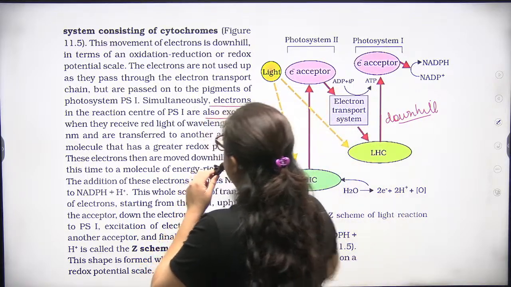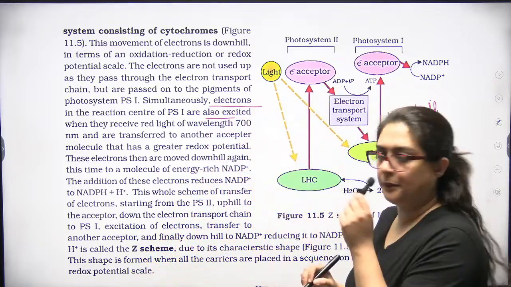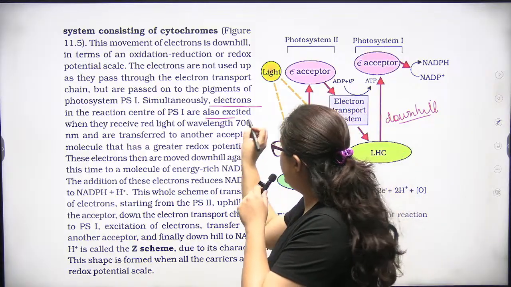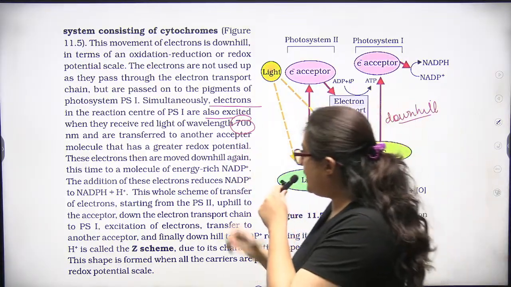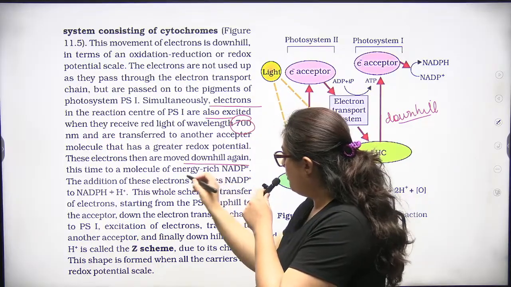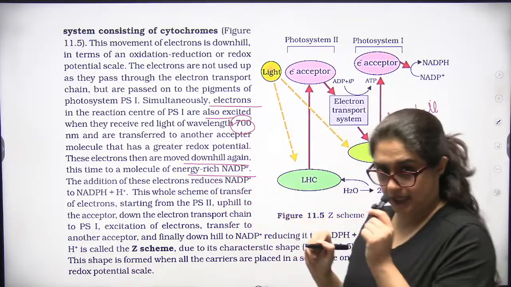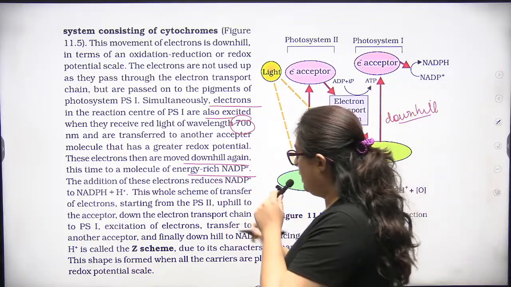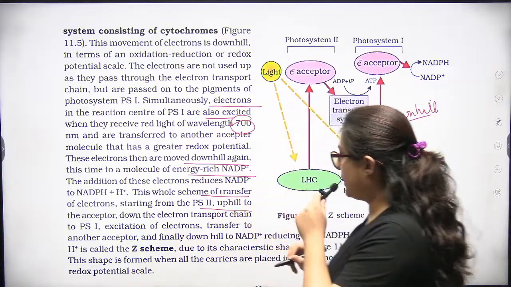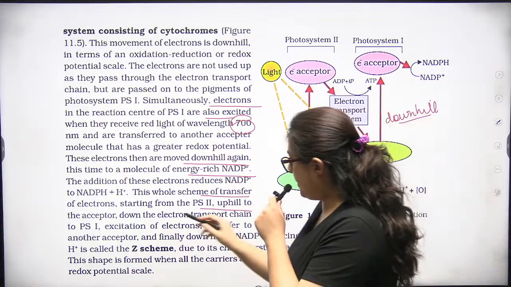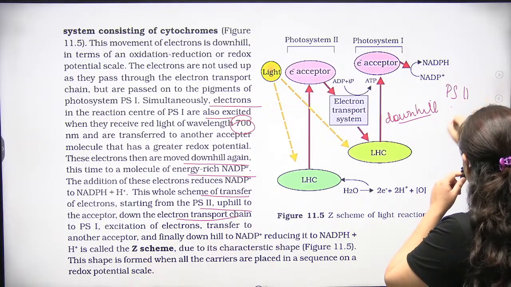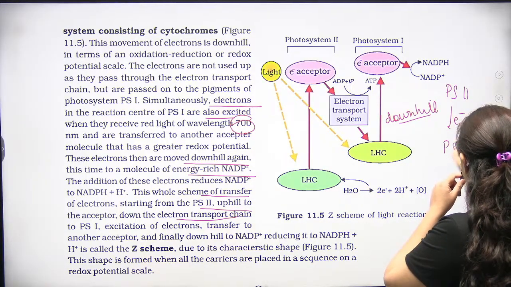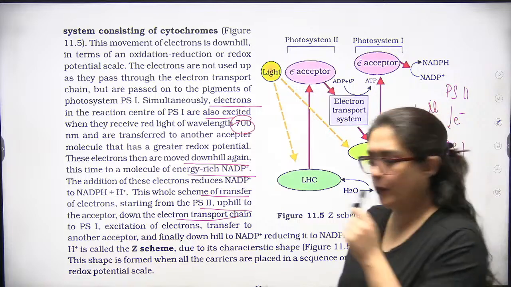Simultaneously, electrons in the reaction center of PS1 are excited at 700 nm and transfer the electron. These electrons move downhill. A molecule of energy, NADPH plus, is required. This whole scheme of transfer, starting from PS2 uphill to the acceptor, down the electron chain to PS1, is the movement of electrons from PS2 to PS1.